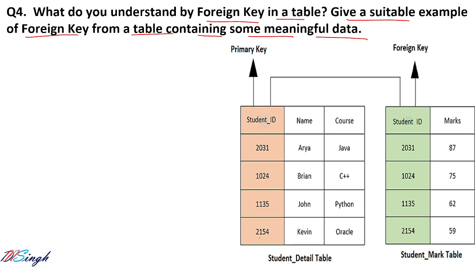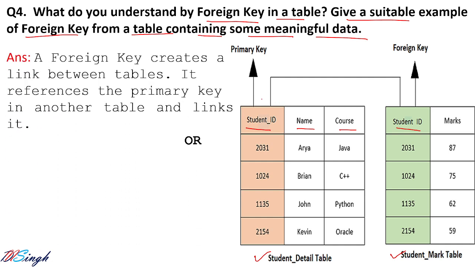There are two tables, student detail and student marks table. Student detail will have student ID, name and course, and marks table also has student ID. So student ID in the marks table is acting as foreign key, and student ID is primary key in student details. They are the common columns which are used to establish the relation between two tables.